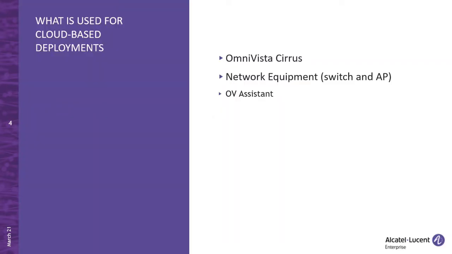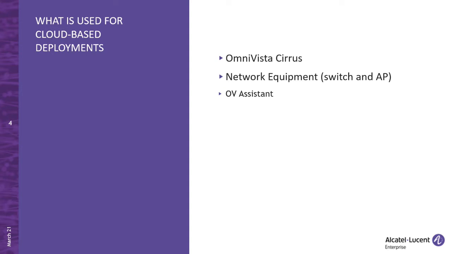What is used for cloud-based deployments? In order to deploy a branch office, or indeed any cloud-based provisioning scenario, we will need the following. OmniVista Cirrus. This cloud-based NMS will manage all of the equipment and users on the different site.